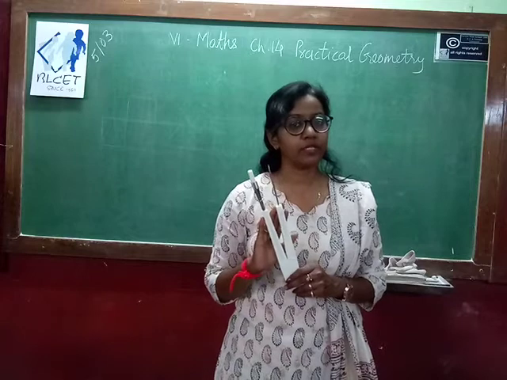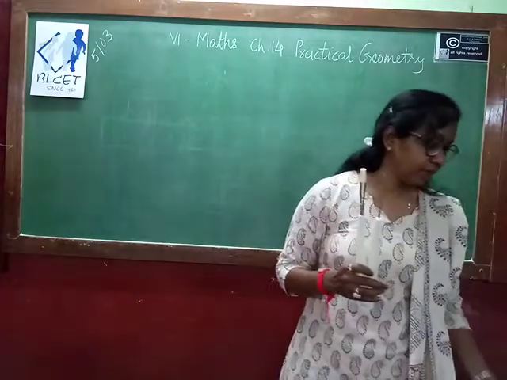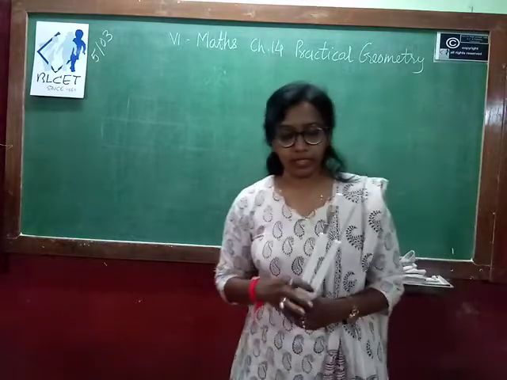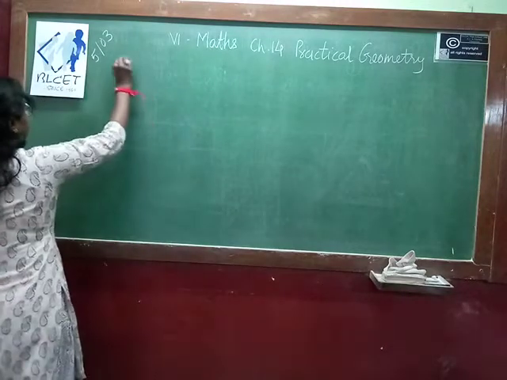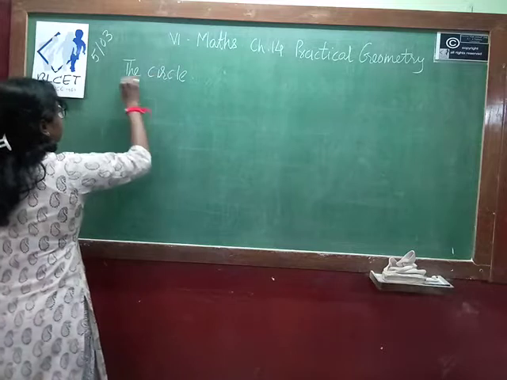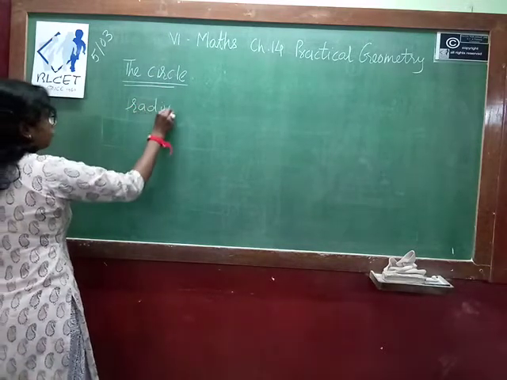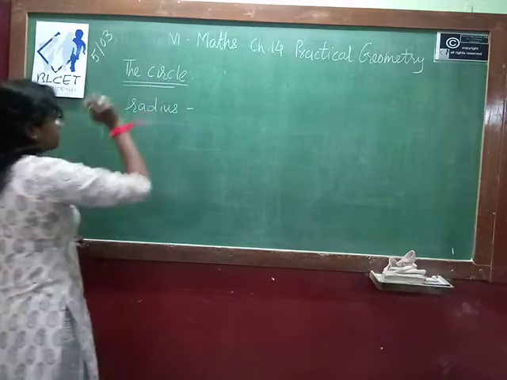The name of this instrument is compasses. In short we are saying rounder. Now if you want to draw a circle, what is the requirement? Which measurement should you know? Yes, we should know the measure of the radius of the given circle.